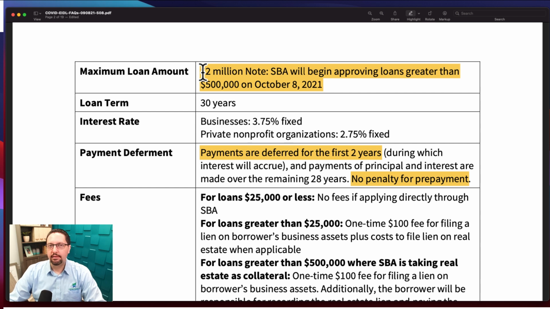In early 2021, they increased that to $500,000, and now they are increasing it to $2 million. Now, if you want to apply for an EIDL loan that's over $500,000, the SBA did say that they are going to start approving loans greater than $500,000 on October 8th. So basically from now to October 8th, the SBA will be concentrating on loans that are under $500,000.